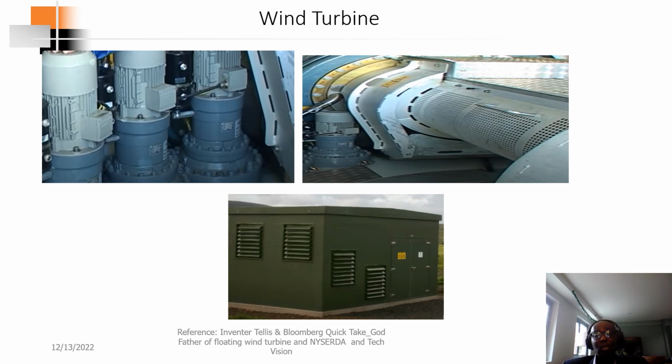So for onshore facilities, it steps the voltage from 690 volts to 33 kV or 66 kV. But for offshore facilities, the power transformer will definitely be located at the bottom of the tower. That's where they are located.